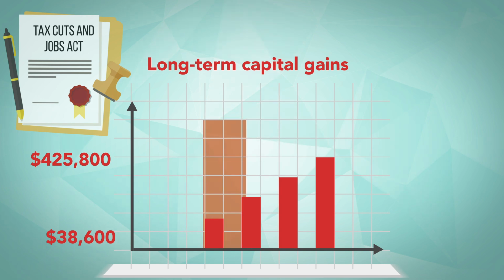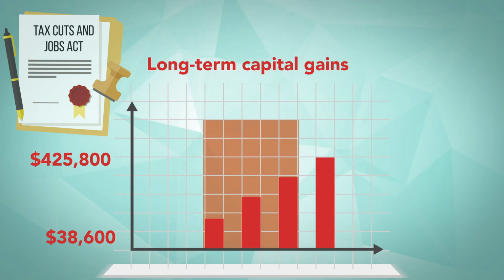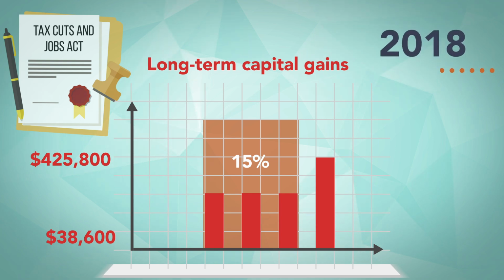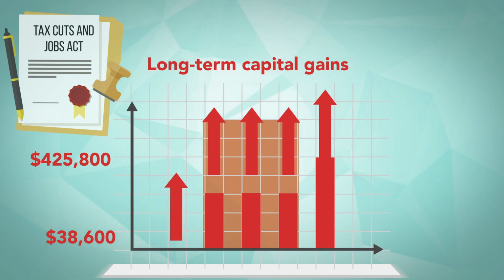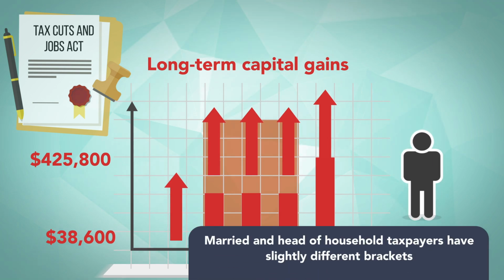The in-between taxpayers, the vast majority, are taxed on long-term capital gains at 15%. These numbers are as of 2018 and generally increase incrementally and are also based on single taxpayers. Married and head of household taxpayers have slightly different brackets.